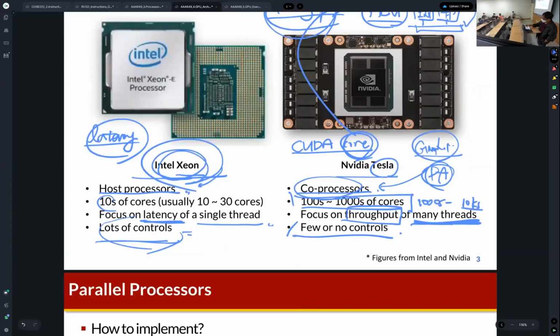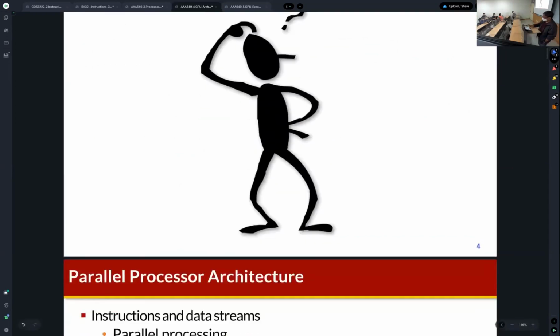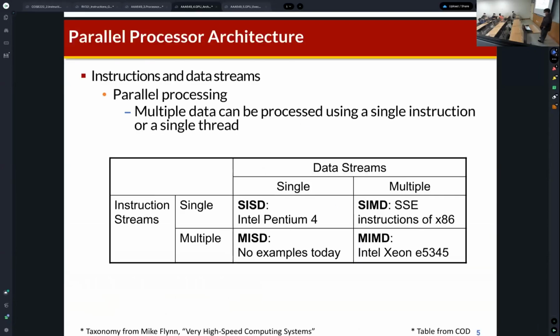Then how can you implement the GPU architecture? We can start from the existing processors. I also explained the Flynn taxonomy in the previous class.